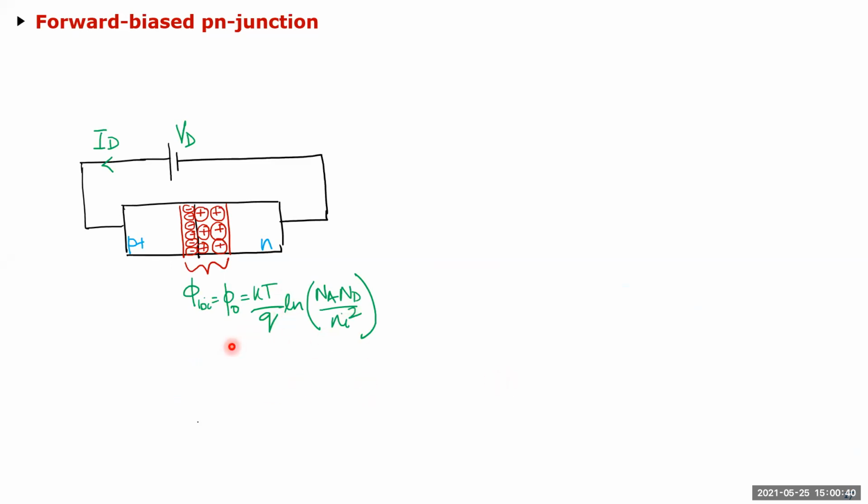You get a built-in potential where the plus side is on the N side and the negative side is on the P side, given by this expression: thermal voltage times the log of the product of the concentrations divided by the intrinsic concentration squared. So that's your built-in voltage, which, depending on how you fabricated it, is anywhere between 0.5 volts to almost 0.7 volts.